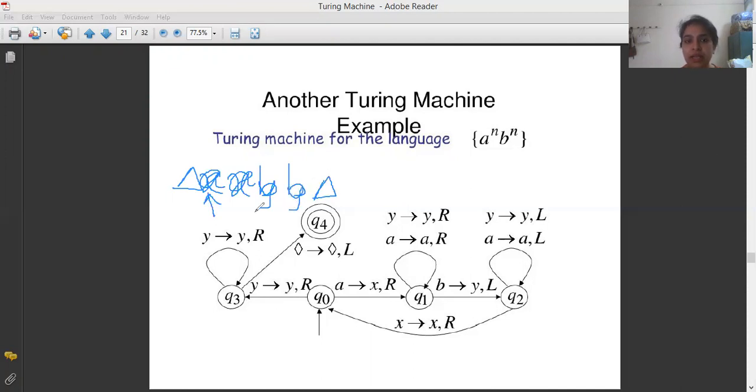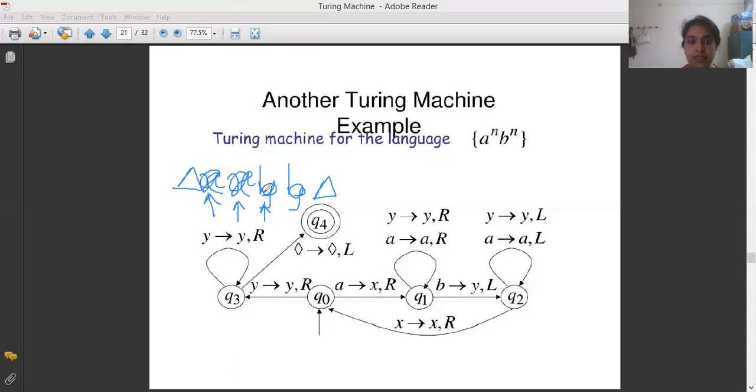So did you get the strategy? For every A we converted into X, the corresponding B is converted into Y. We will again move back towards the recent X. So here we are. We will keep it as it is and move towards the right. So we are at which place? This place. Do we have any more A's? No, we don't.